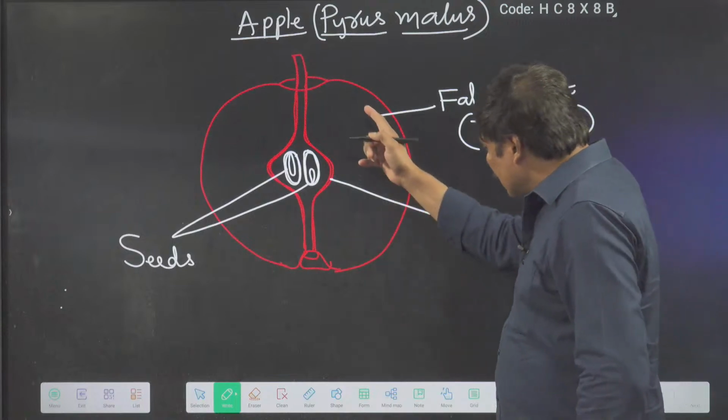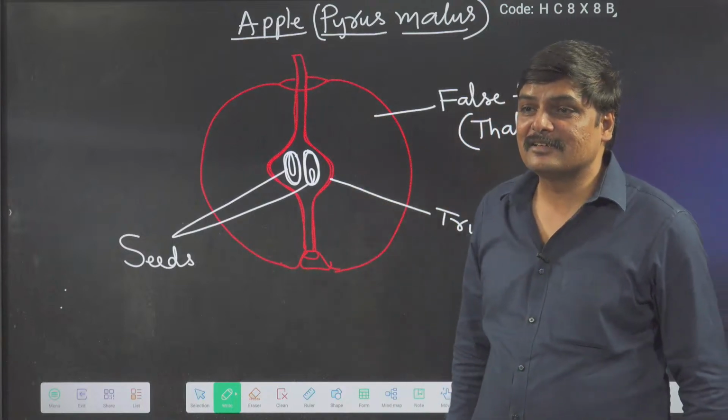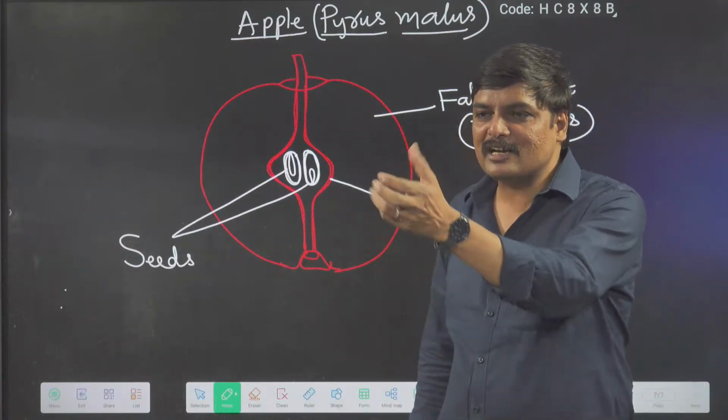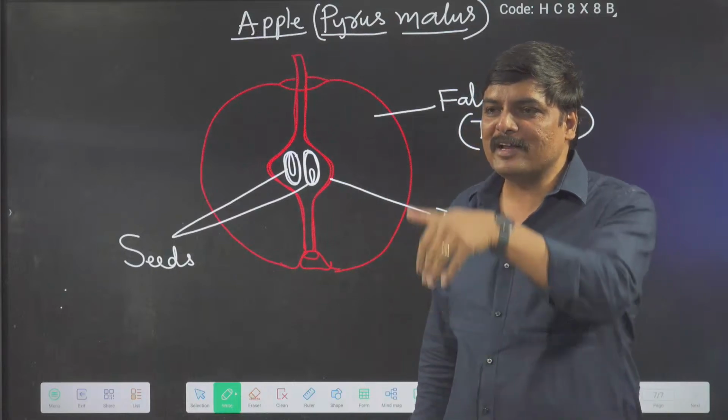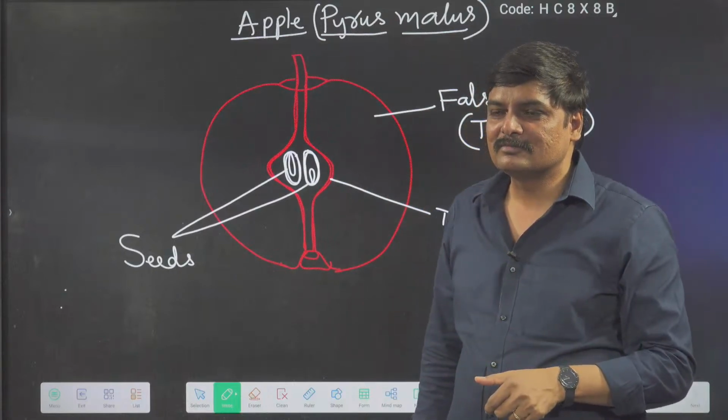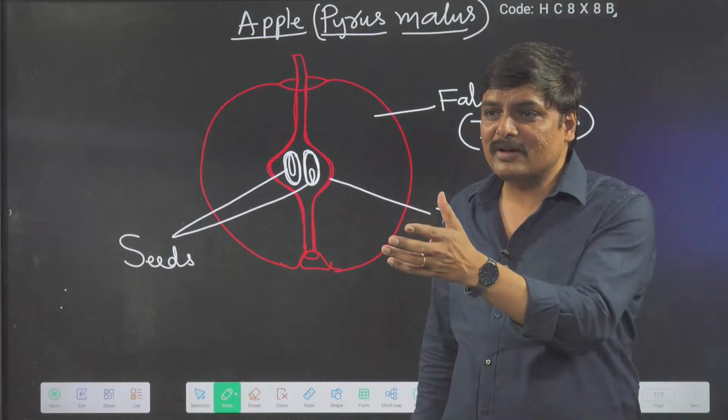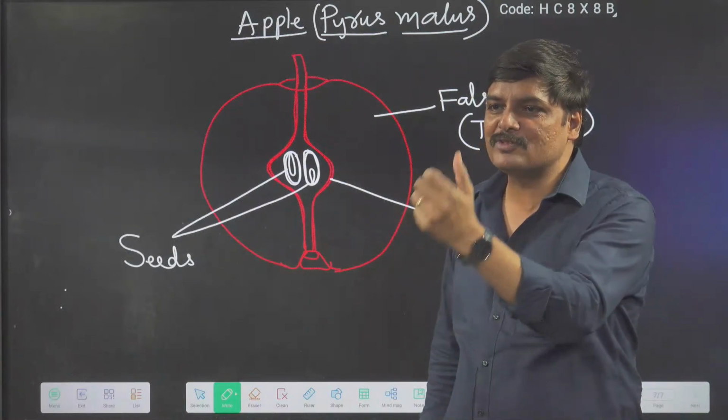So does false fruit contain seeds? Because false fruit does not come from the ovary. Ovary contains ovules. That is why no seeds in the false fruit.